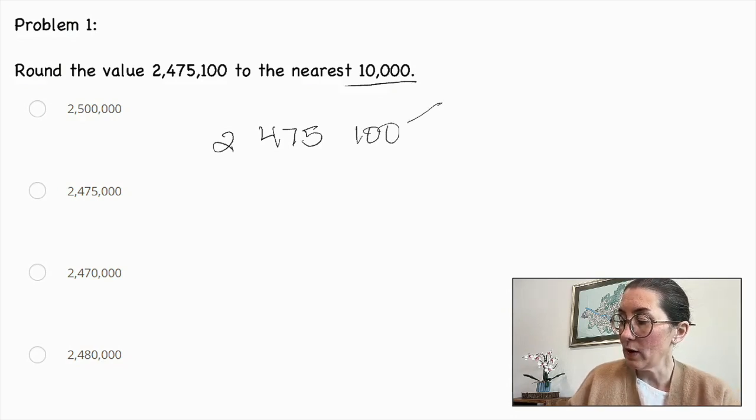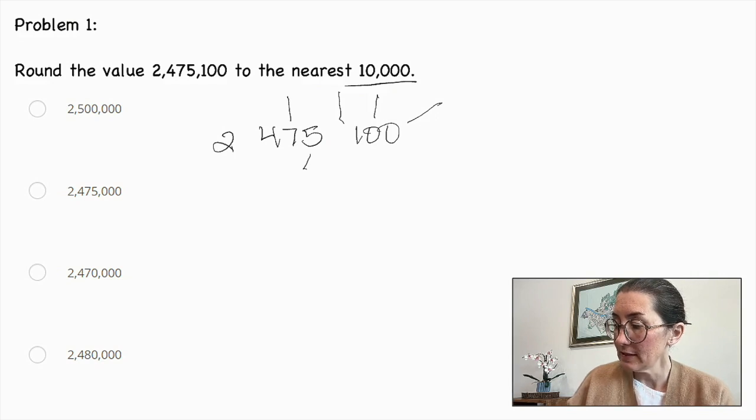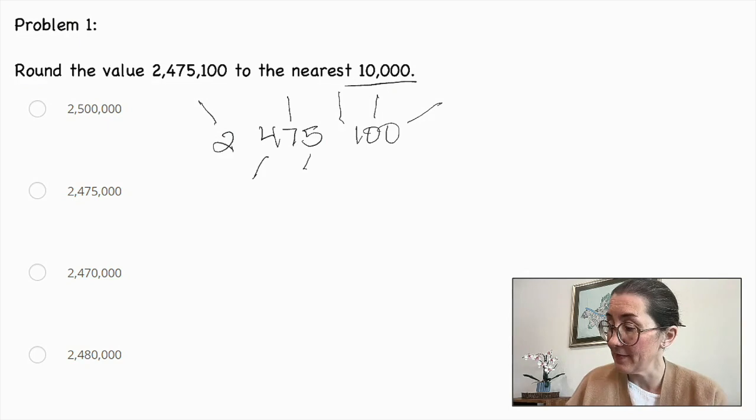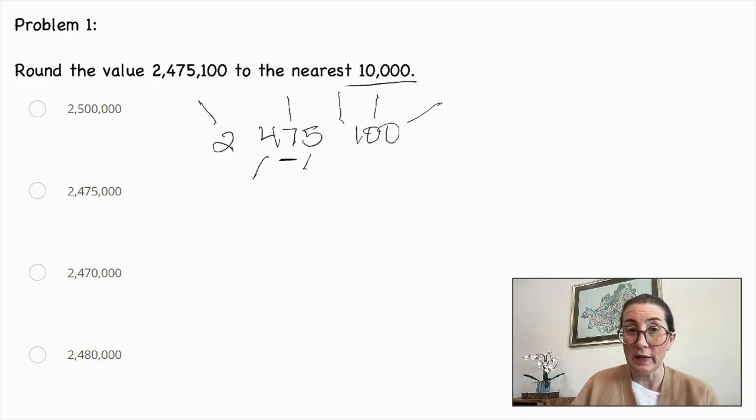We've got the ones place, the tens place, the hundreds place, the thousands, 10,000s, 100,000s, and millions. And we need to round it to the nearest 10,000, which is here. So we look to the right, to the next place over, which is the thousands place.